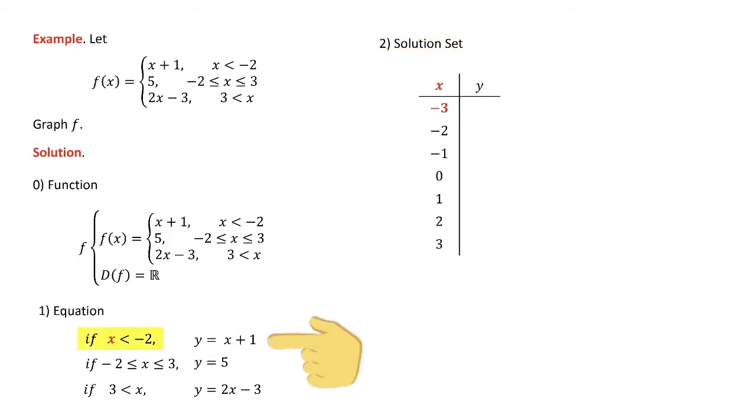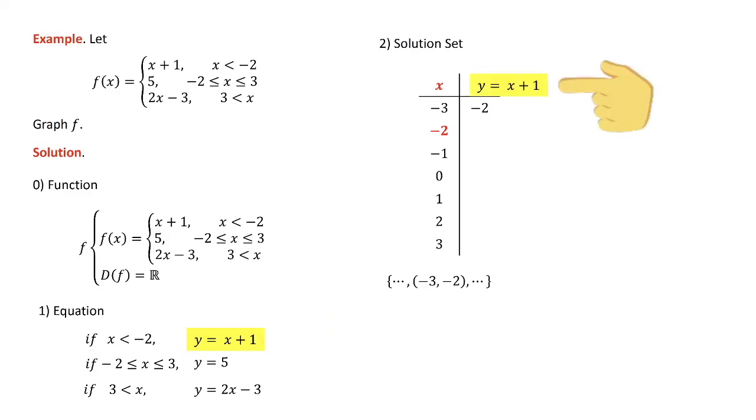Now, you could just go ahead and plot points. Using this rule, I get minus 2, so that goes in my solution set. For minus 2, I have to use the right rule. Actually, that's wrong. The minus 2 should be 5. I got a bad number there.